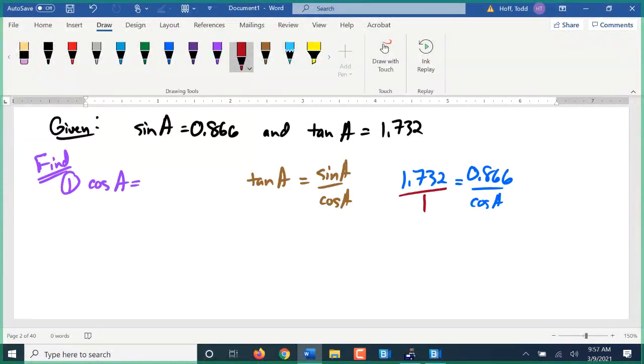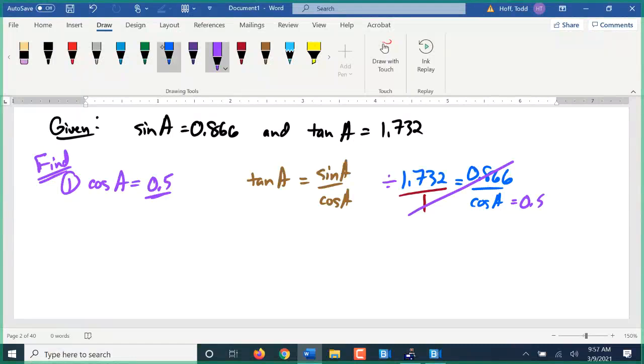So I put the 1.732 over 1 so that I have two ratios equal to each other. And I will cross multiply and divide. 1 times 0.866 divided by 1.732 gives us 0.5. So the cosine of A is 0.5.